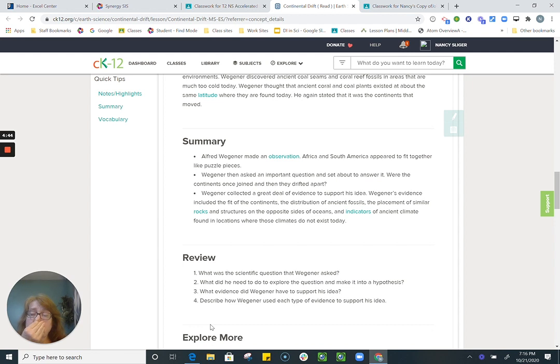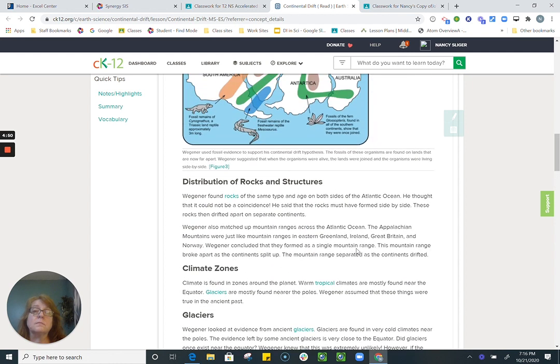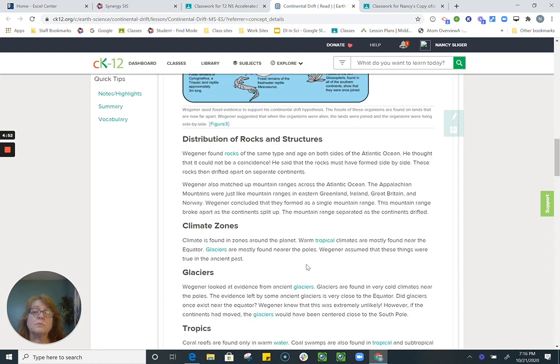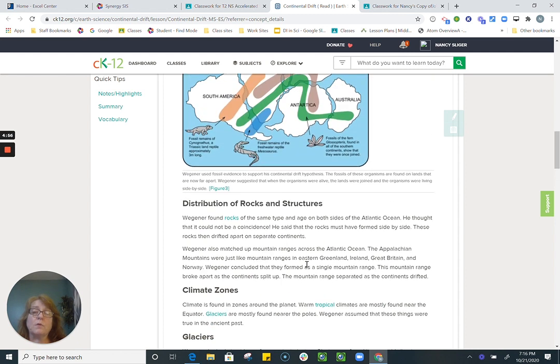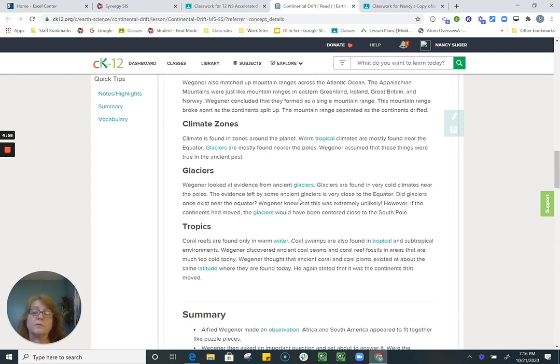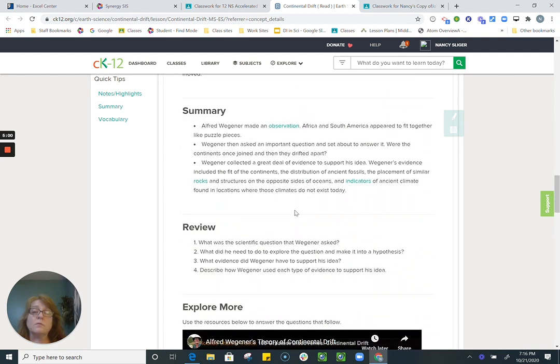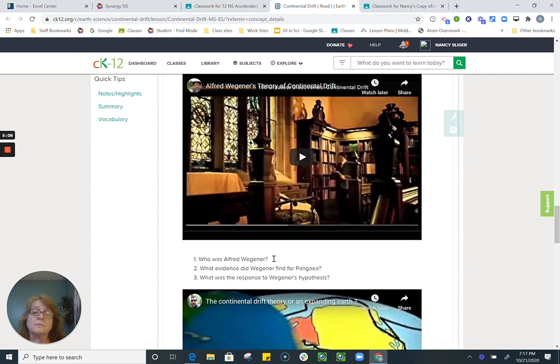The evidence was that they could have been one supercontinent because of similar fossils, similar climatic zones indicated by the rock, and similar rocks on different continents. And so therefore he had different evidences to support his theory that the continents may have drifted apart from one large supercontinent.